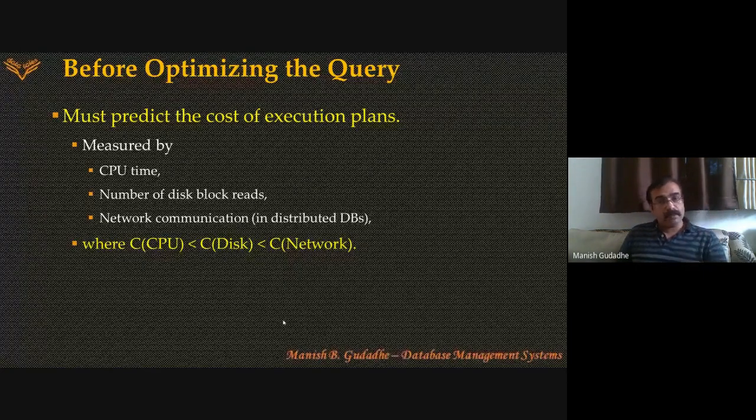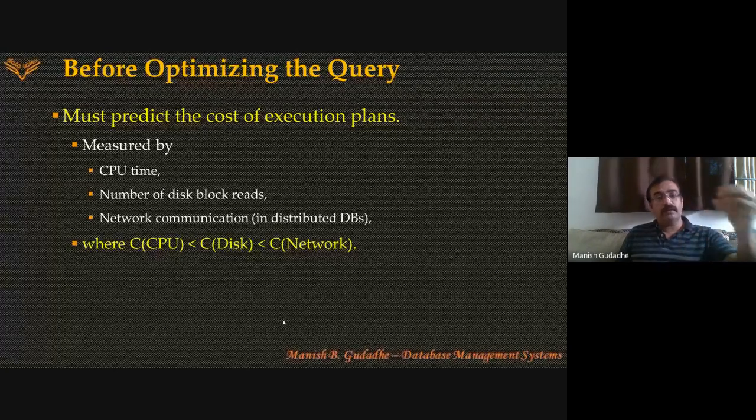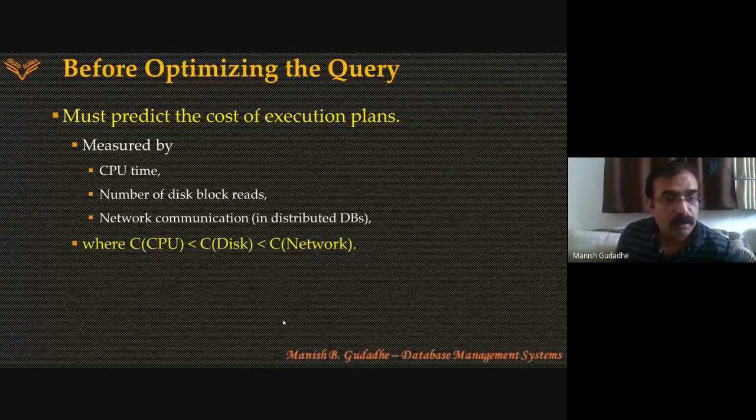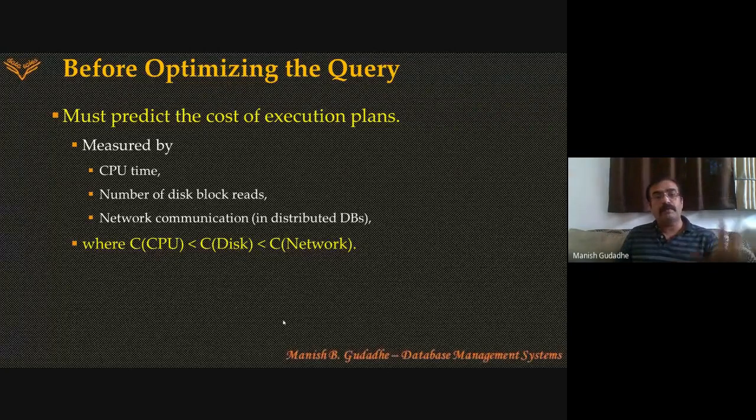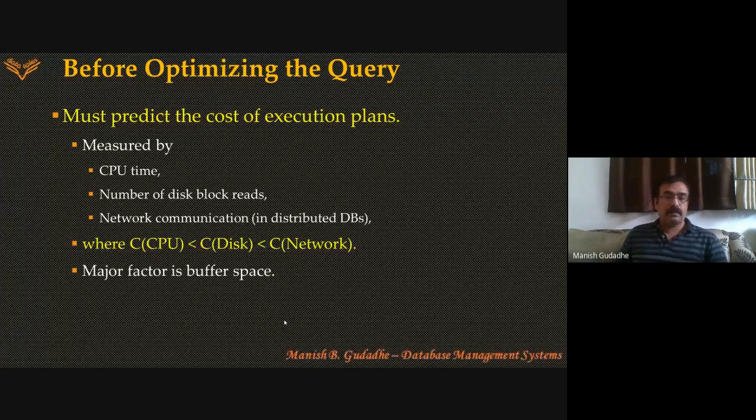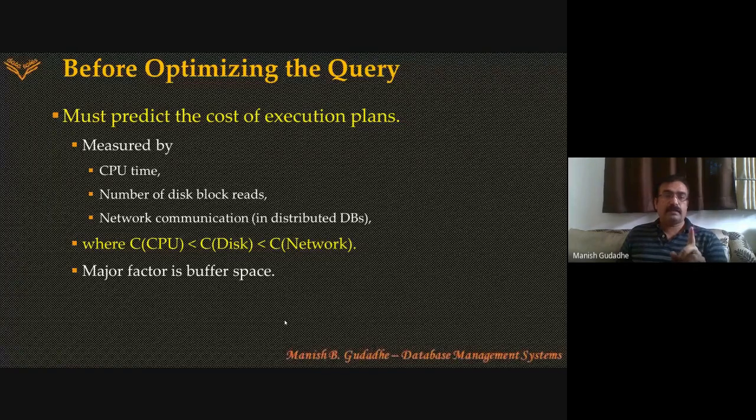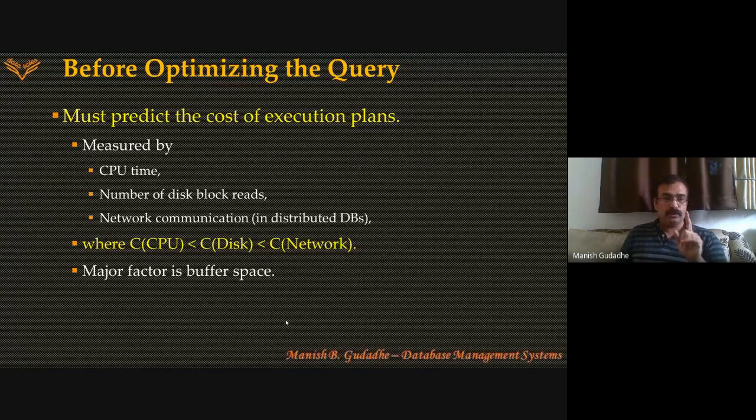Now understand, when network is involved, CPU time becomes negligible. But the disk read and the buffer space are the major factors which will cost you the most.